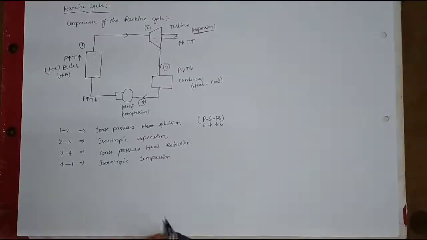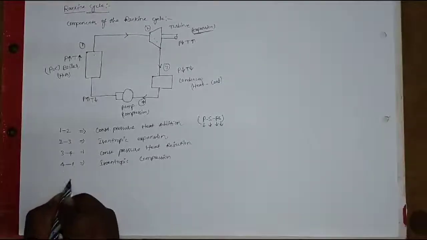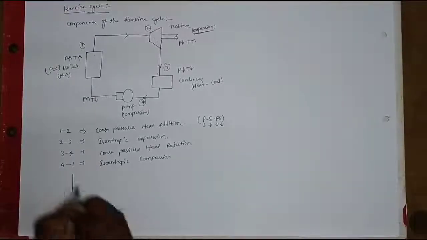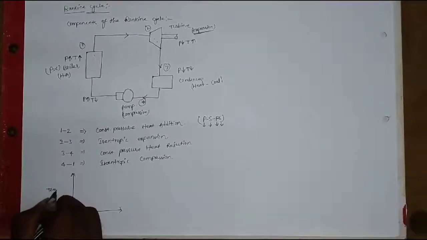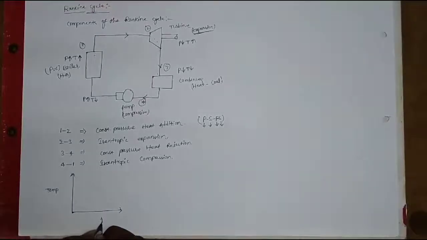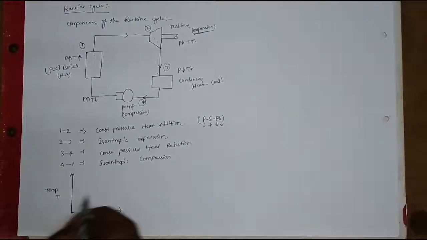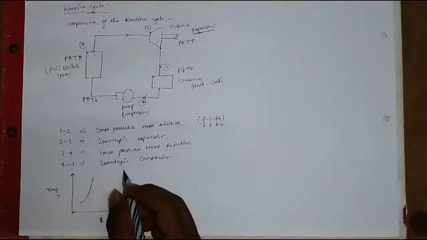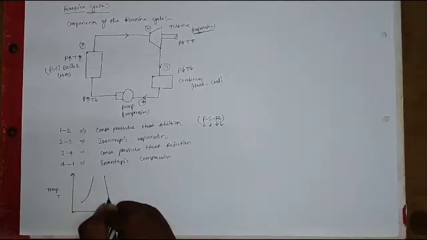And now, how to draw the TS diagram for the Rankine cycle. So first, y-axis, x-axis. In the y-axis, temperature, and x-axis, S, entropy. So first of all, we need to draw the saturated liquid line and saturated vapor line.